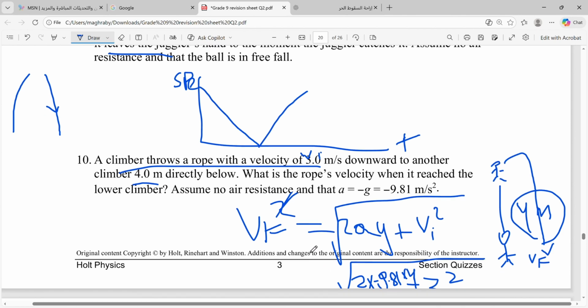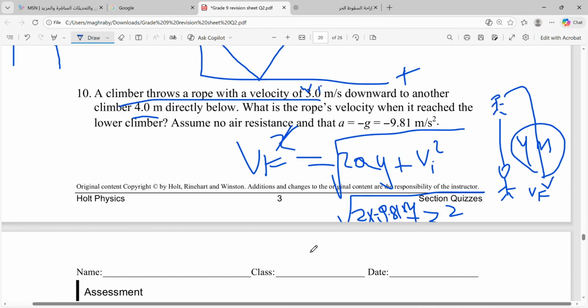So you put in your calculator root of 2 times negative 9.81 times 4, plus 3 squared.